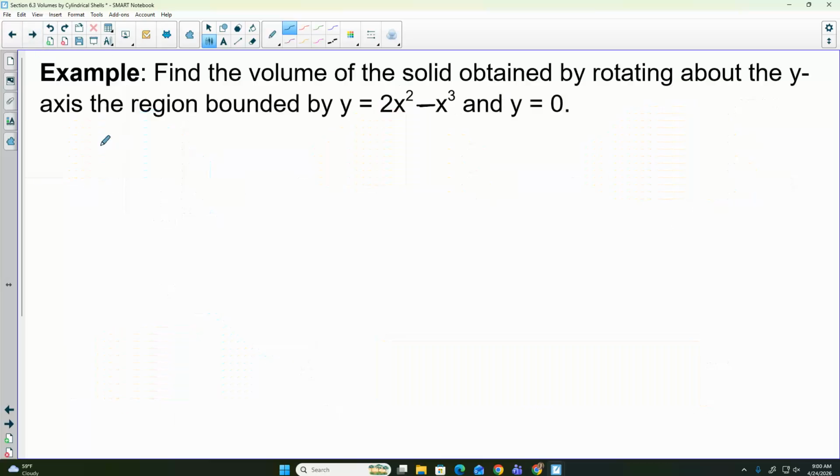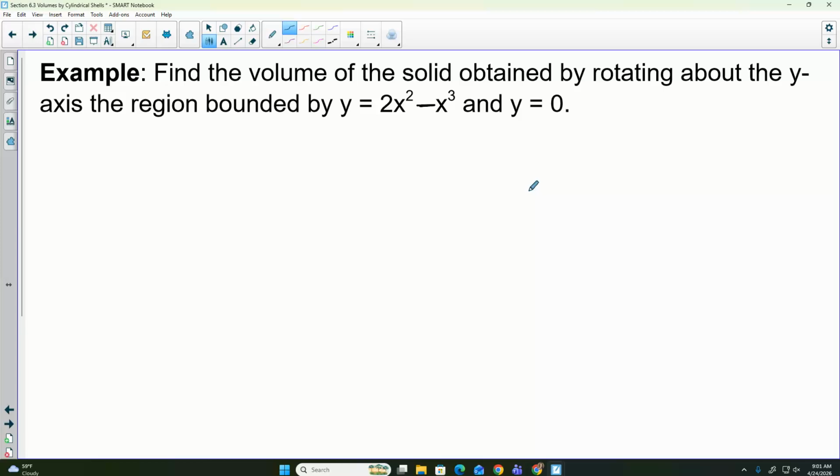So if I wanted to use my other technique, since we are rotating around the y-axis, we are actually just going to work in terms of x. This is a little bit opposite of what we were doing on the disc and washer methods.